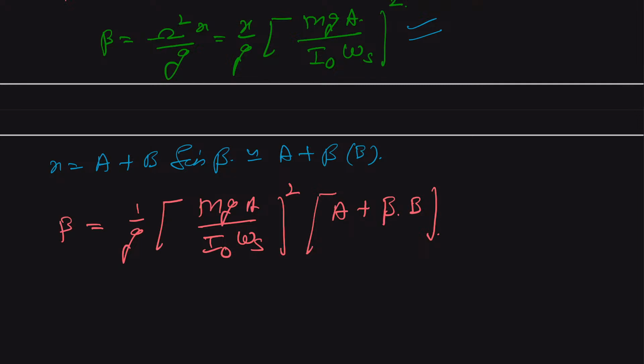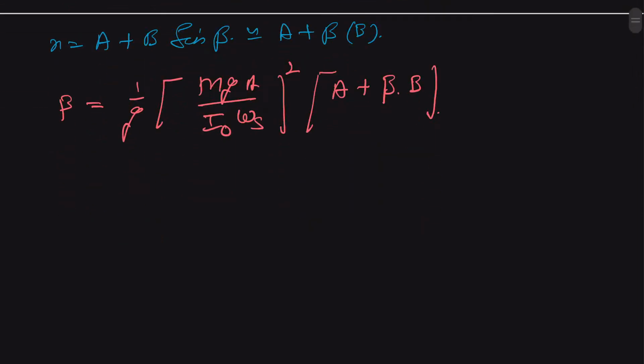And we can just solve this, and we need beta on the other side. Therefore, let us assume that this entire term is equal to some constant.